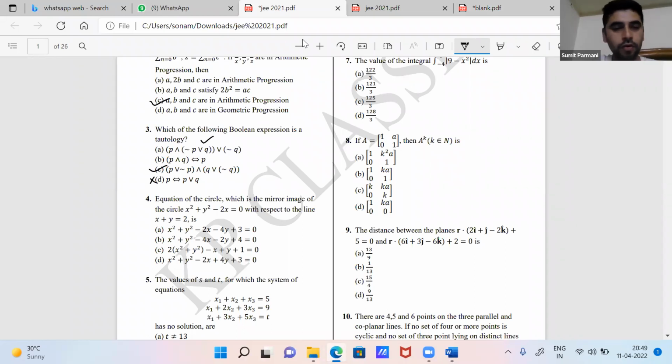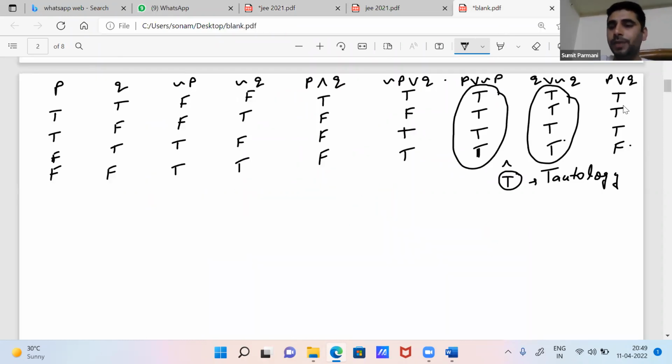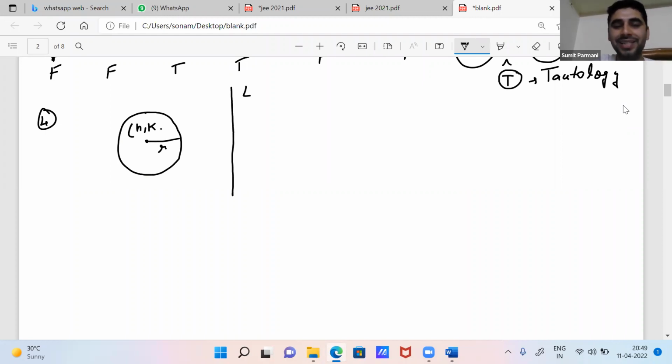For question number 4, we have the equation of the circle which is the mirror image of the circle. Suppose this is your circle whose center is h comma k and radius is r, and this is a line L. What you have to do is make a circle here whose radius is equivalent to the radius of this.